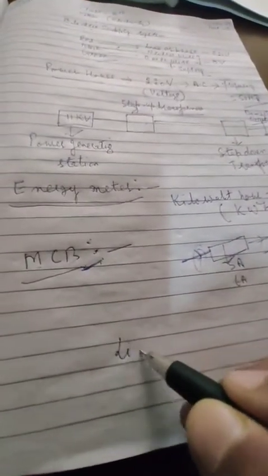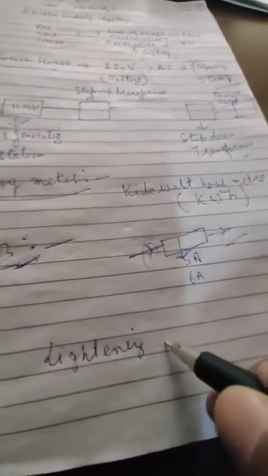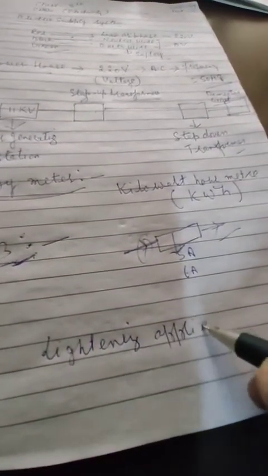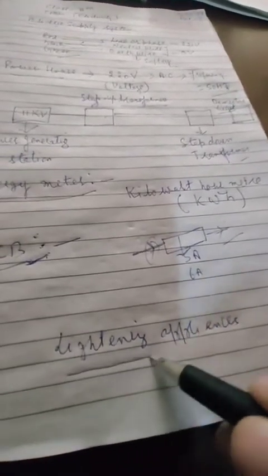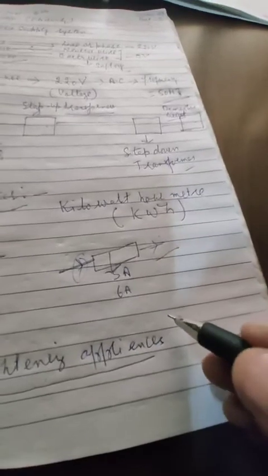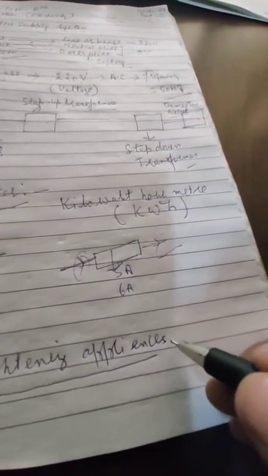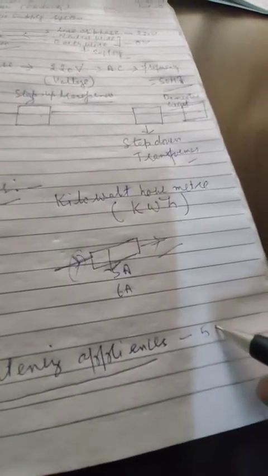Now the lighting appliances. Lighting appliances means bulb, tube, fluorescent tube. Bulb, fluorescent tube, they just need 5 ampere of current.